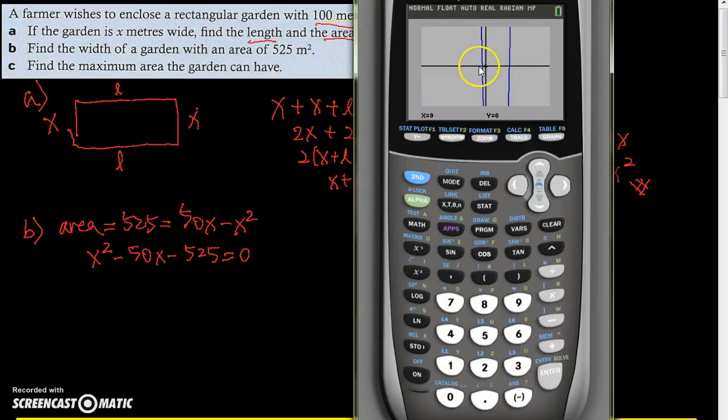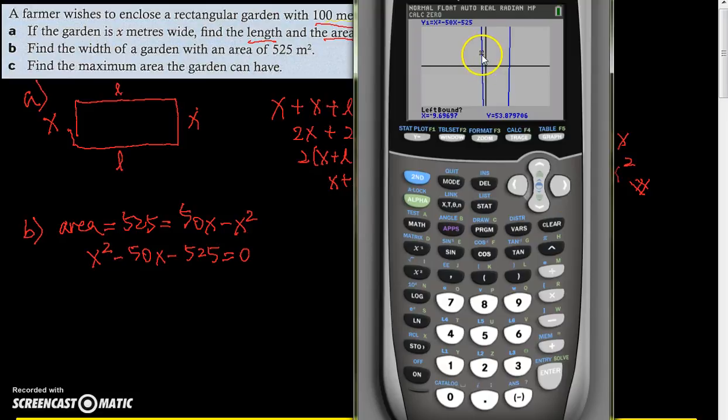Now we have a 0 there and a 0 there, and that's exactly what I'm going to look for. So I'm going to click on second and then trace, and then go to 0. And they will ask us which zero we are looking for. So let's find this one on the left first.